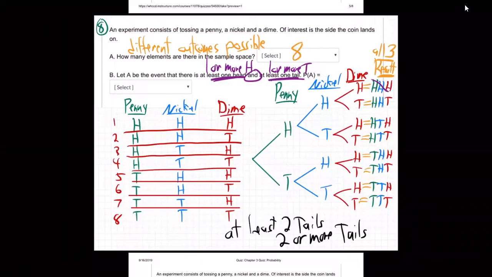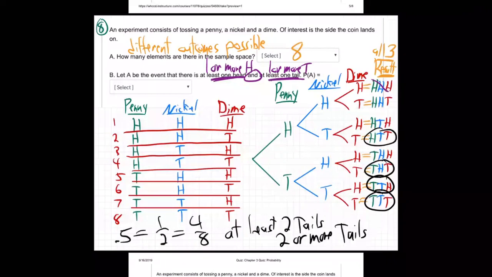So which are the ones that have 2 or more tails? This one, this one, this one, and that one. See how those 4 have 2 or more tails? So it would be 4 out of 8, which reduces to a half, or if they want a decimal, 0.5. Oh, that's what I got the first time.